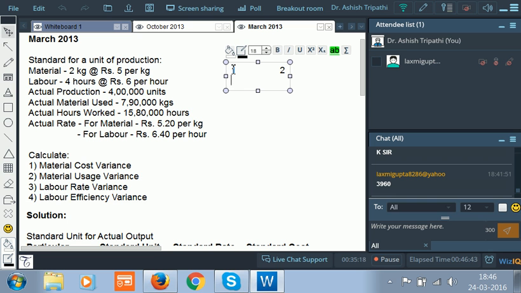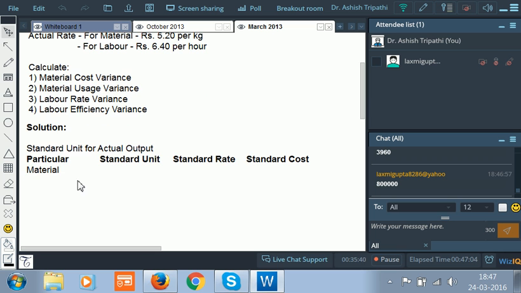For 1 unit 2 kg. So for 4 lakh unit it will be how much? Correct, 8 lakhs.